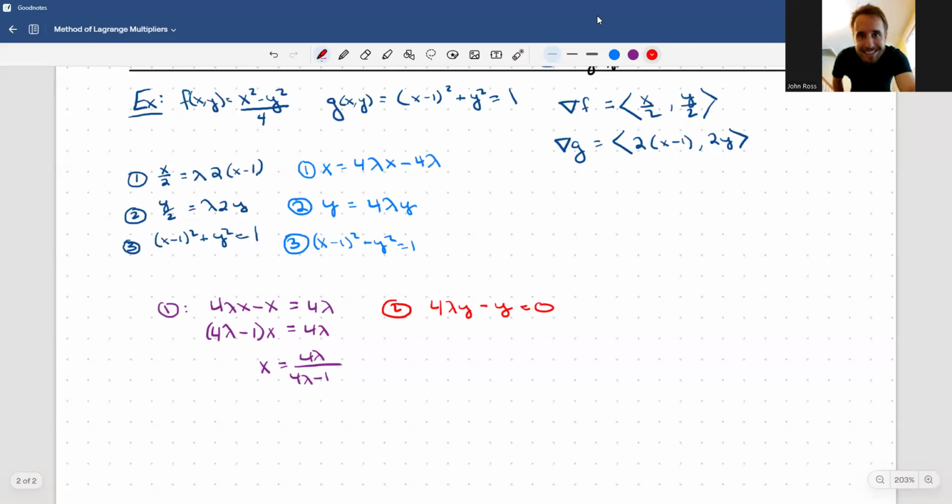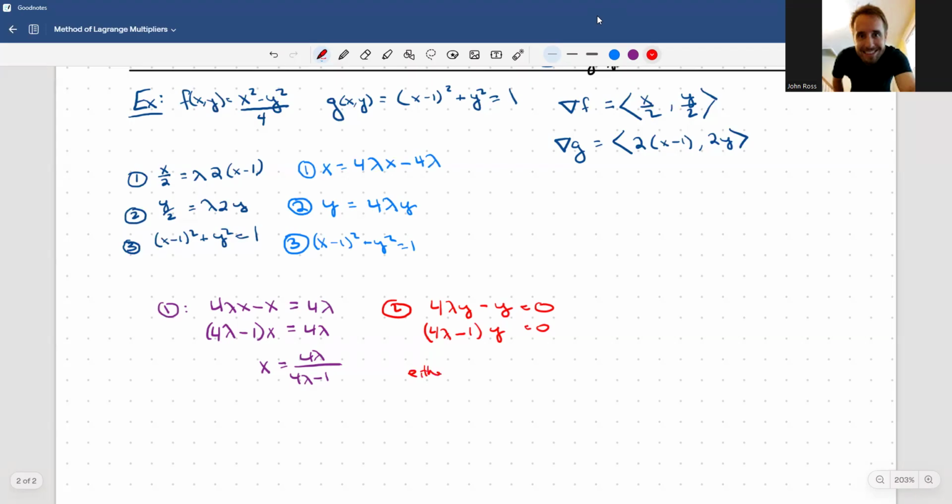And so I can actually factor this to become 4 lambda minus 1 times y equals 0. And now this is actually an equation that I can do something with, because in order for this left-hand side to equal 0, there are 2 possibilities.